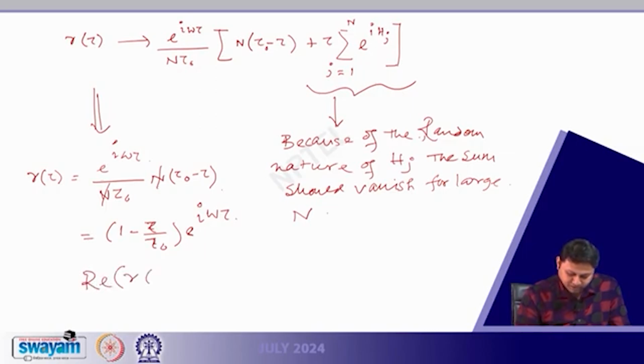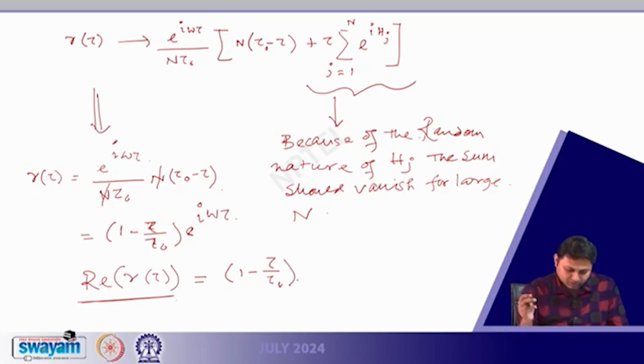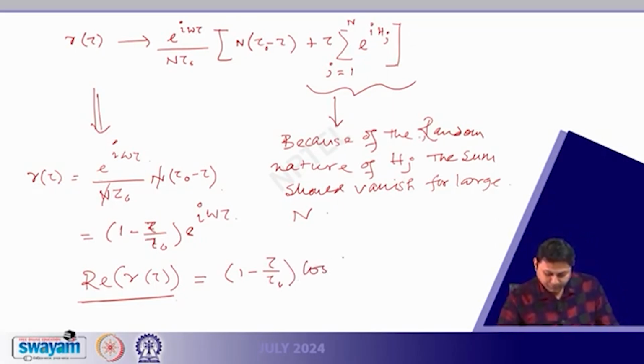Now if you go back and check, then we need to essentially find out the real value of gamma tau. That was the term that was sitting there in the interference, the intensity calculation. The interference term is related to the real value of that. So when we put the real value, then this becomes 1 minus tau divided by tau naught into cos of omega tau.